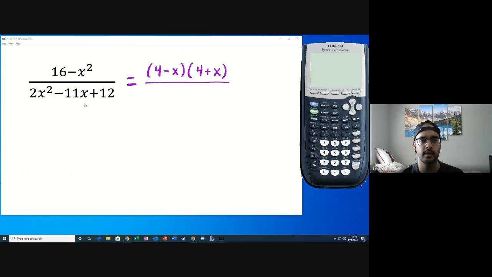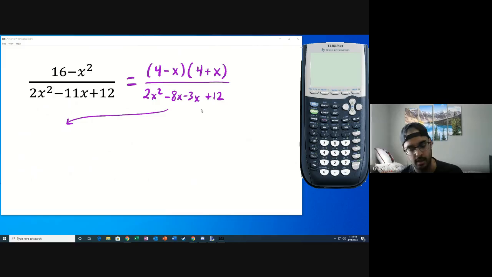Looks like I need both to be negative for this to work out. So this will be 2x squared minus 8x minus 3x. That'll add to -11. And then my plus 12 is on the end. So if I do -8 multiplied with -3, that'll give me positive 24. So this is going to work just fine.